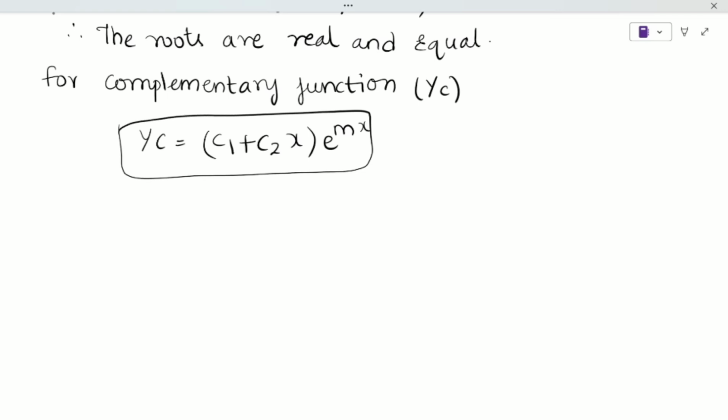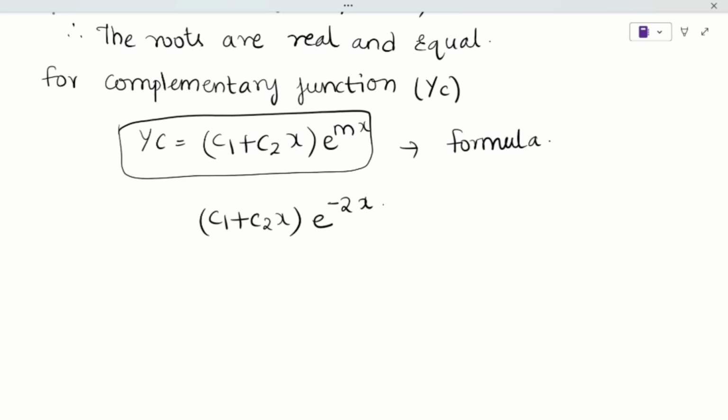What is the root value? Minus 2. Both are equal, so that's the reason I'm taking one value, that is minus 2. Next, (c1 plus c2x) whole e power minus 2x. Instead of m I'm using minus 2, because the root is minus 2. So e power minus 2x.